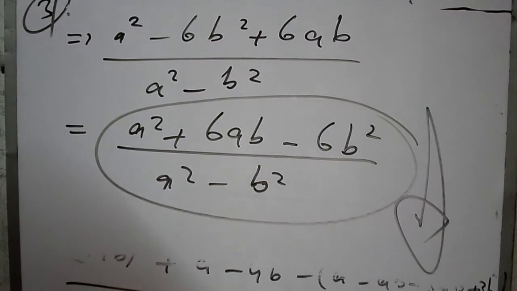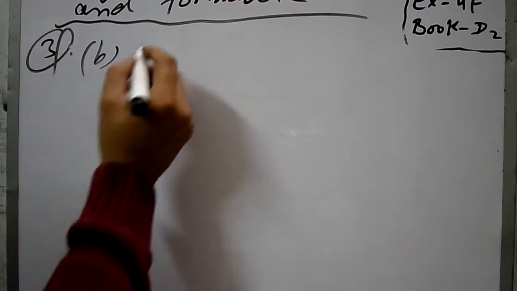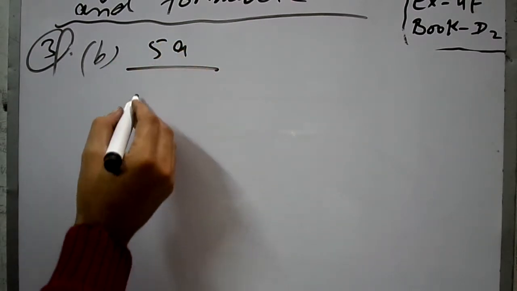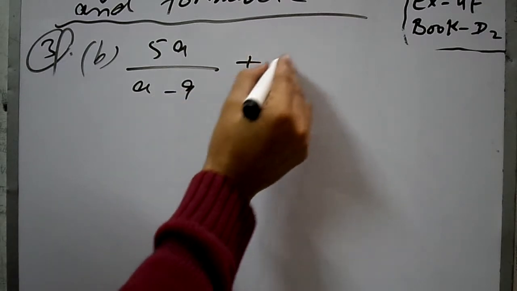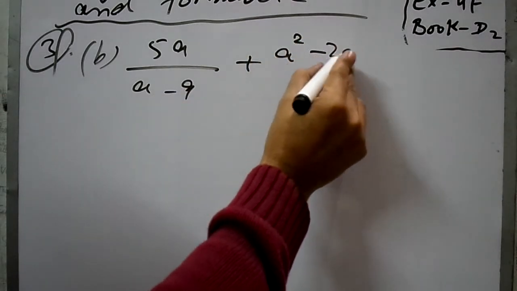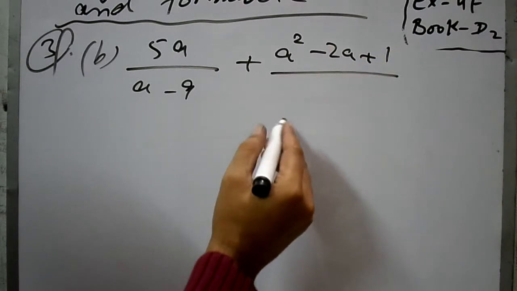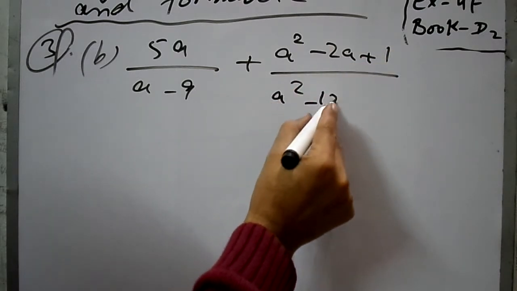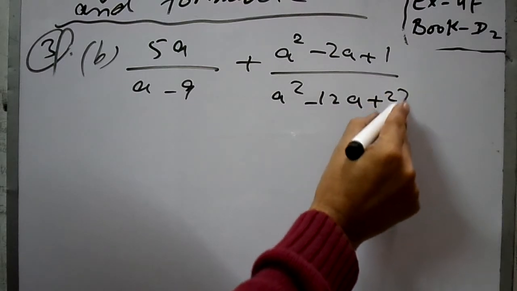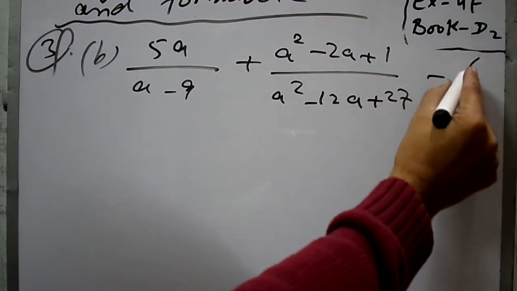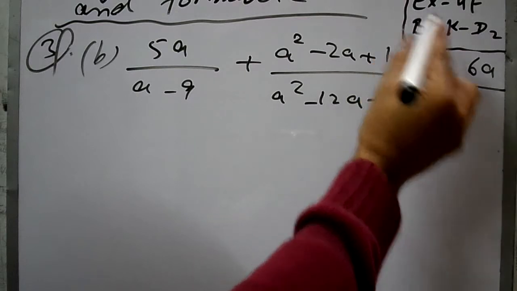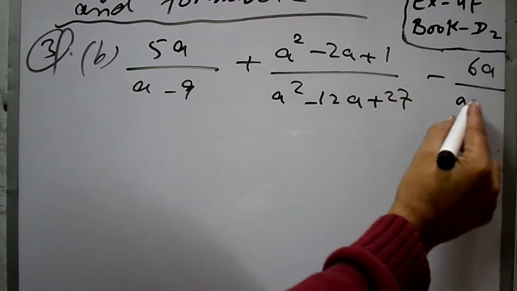Now coming to the next, that is your B part. 5a divided by a minus 9 plus a square minus 2a plus 1 divided by a square minus 12a plus 27, minus 6a divided by a minus 3.